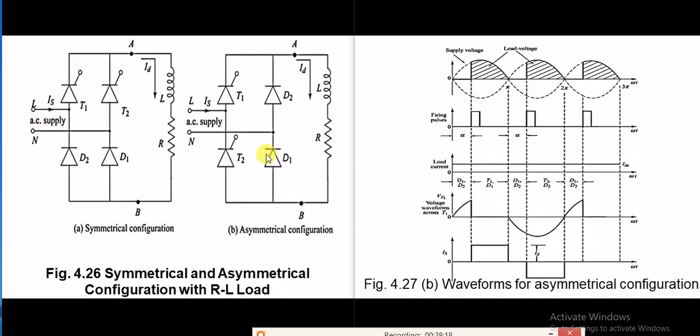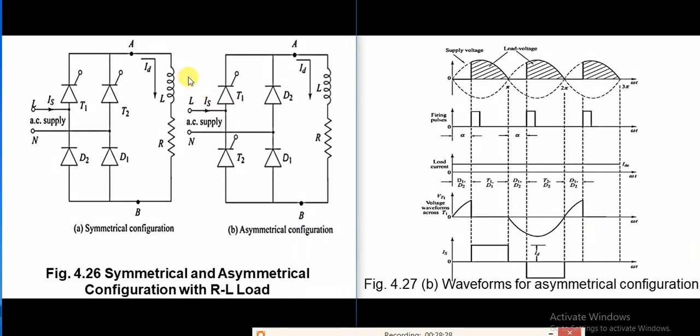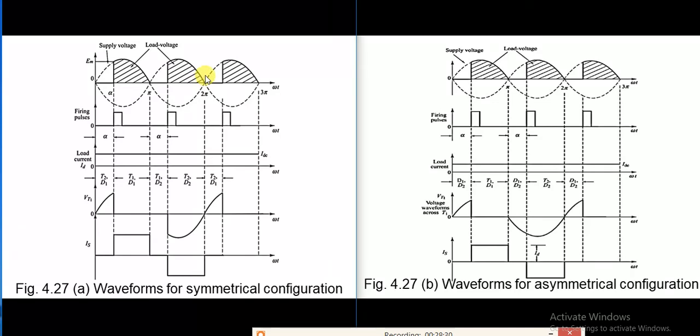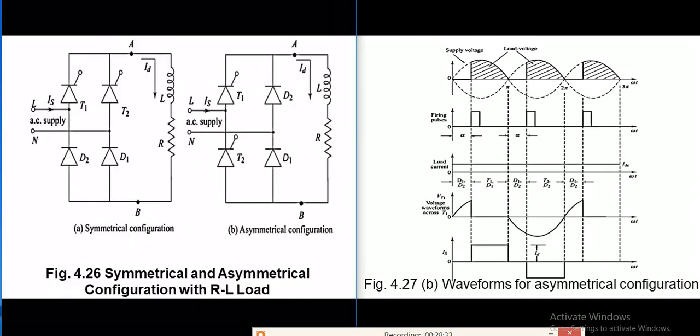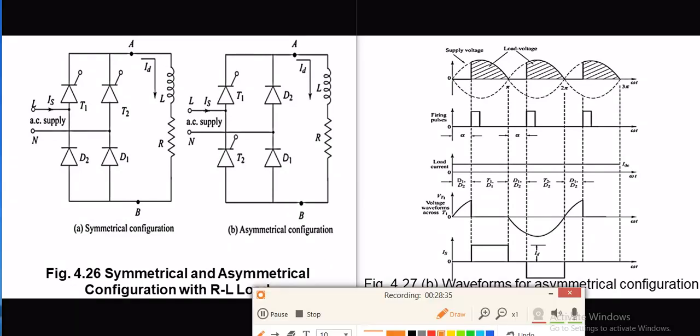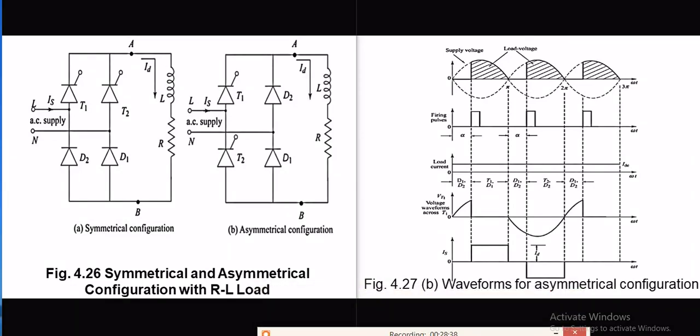Similar explanation can be given for the working of asymmetrical configurations. Okay, so during the positive half cycles of the AC input, SCR T1 and diode D1 will be conducting, and diode D2 and SCR T2 are reverse biased.